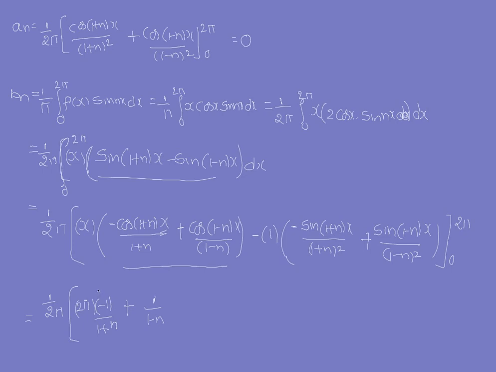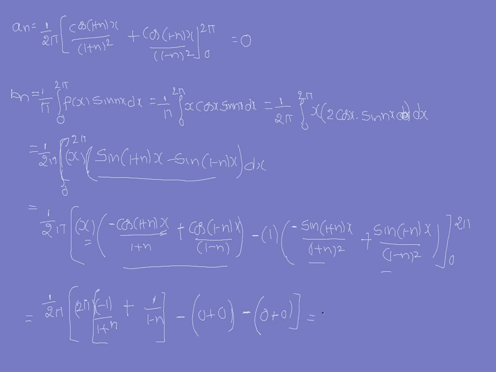In the sine terms the upper limit gives 0 plus 0. Now for the lower limit, 0 into something gives 0, and the sine terms are also 0.